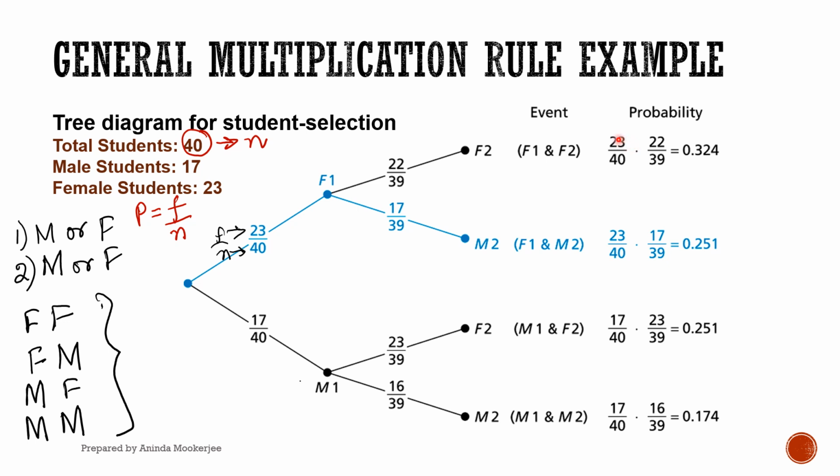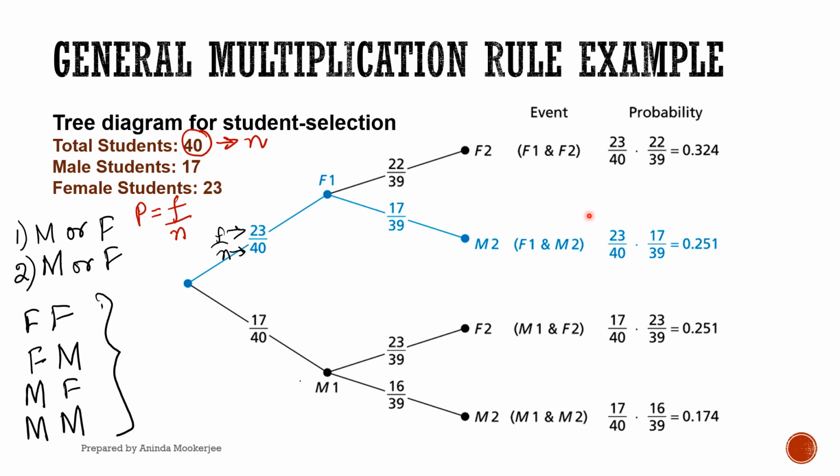So 23 divided by 40 times 22 over 39 is 0.324. 0.324 is the probability of picking a female student followed by a female student with these numbers, with the total number of students being 40, number of male students being 17, number of female students being 23, and so on.